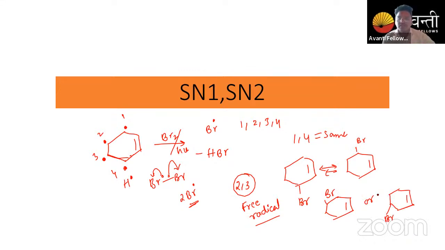What is the name if you call this one? Numbering 1, 2, 3, this is called 3-bromocyclohexene. Here you can call it 4-bromocyclohexene. Both have the same name.